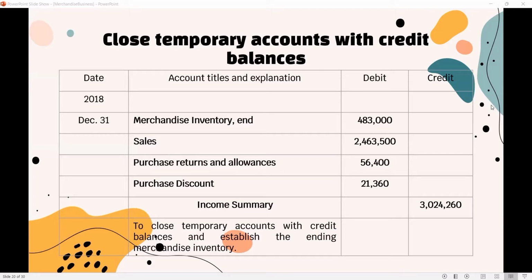So we have debit merchandise inventory, ending, debit sales, debit purchase returns and allowances, and debit purchase discount. Then credit income summary, 3,024,260.